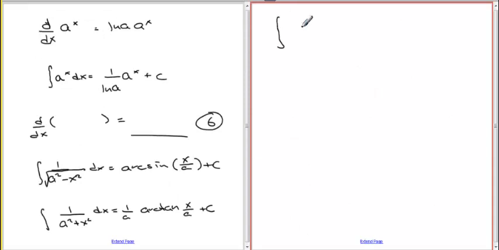And then the final one is the integral of 1 over x times the square root of x squared minus a squared dx, which is equal to 1 over a times the arc secant of the absolute value of x over a, plus c. Okay, so those are the formulas.